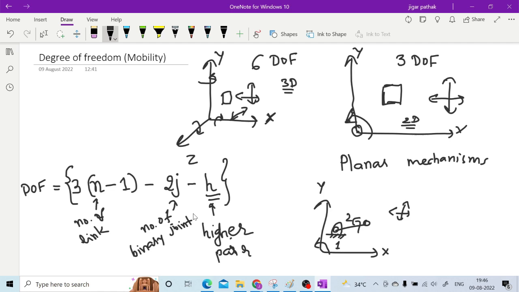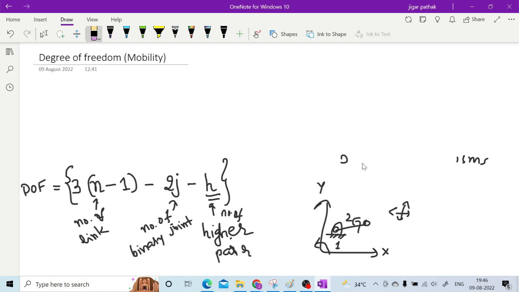Now before going to calculate examples on degree of freedom, one more important thing I am going to discuss is, whenever you are having any mechanism, it must have only one degree of freedom, then only you can consider it a mechanism. Let me write that first, degree of freedom. If it is 1, then it is a mechanism.